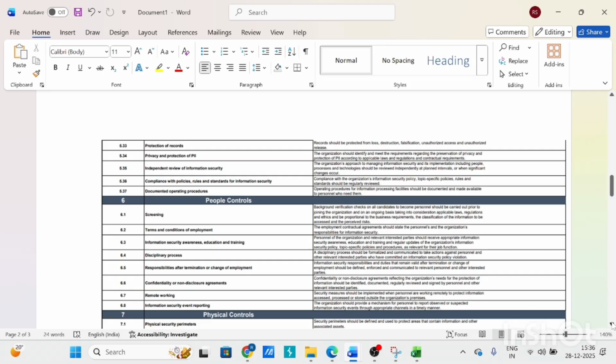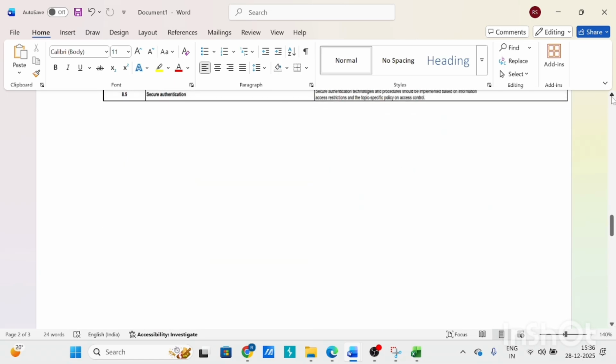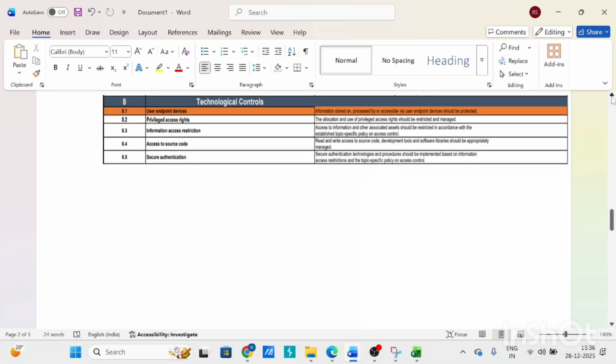Information security event reporting: the organization should provide a mechanism for personnel to report observed or suspected information security events through appropriate channels in a timely manner. This is the completion of the people controls.